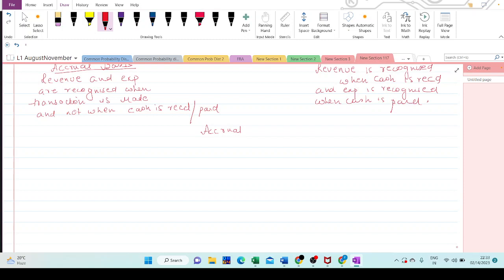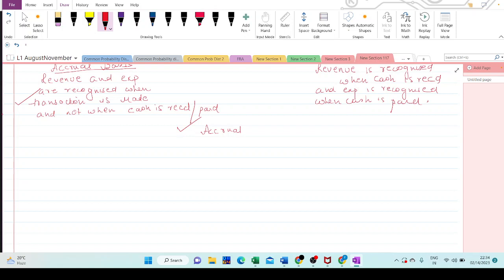Only if we follow the accrual basis will we be able to find out the profit for a specific period of time, because it recognizes revenues and expenses on the date the transaction was made.